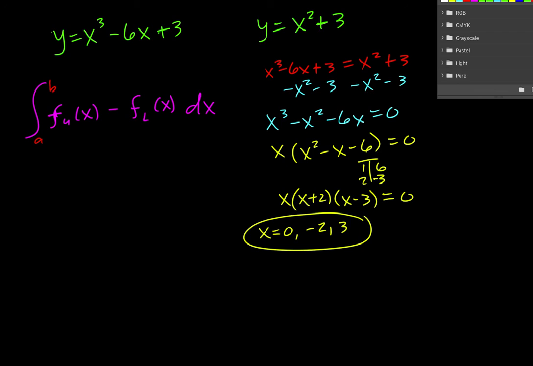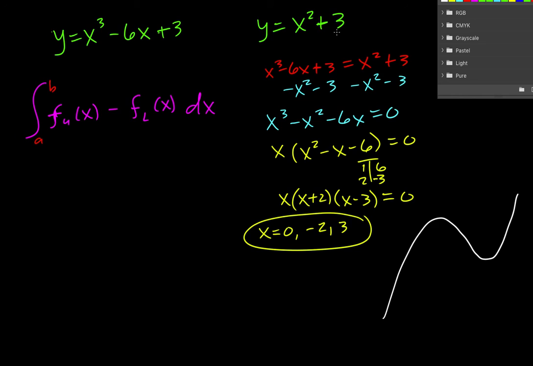And so for each region, we actually need to know which one's on top, which one's not. So if you want a visual, this has a positive coefficient out here, so it goes up, down, up. Now, let me get rid of the axes because that's not really useful for us.